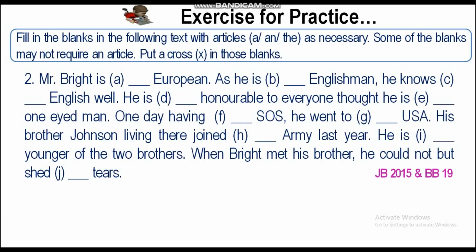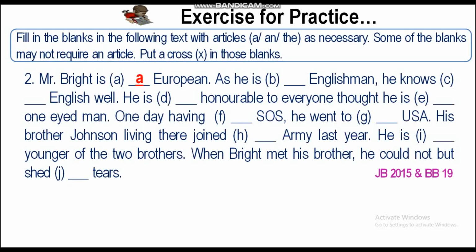Now analyze the uses of articles in the blanks of this question. Mr. Bright is dash European. Here the word European starts with a vowel, but its pronunciation is like Yuropean. So article a will be used before European.